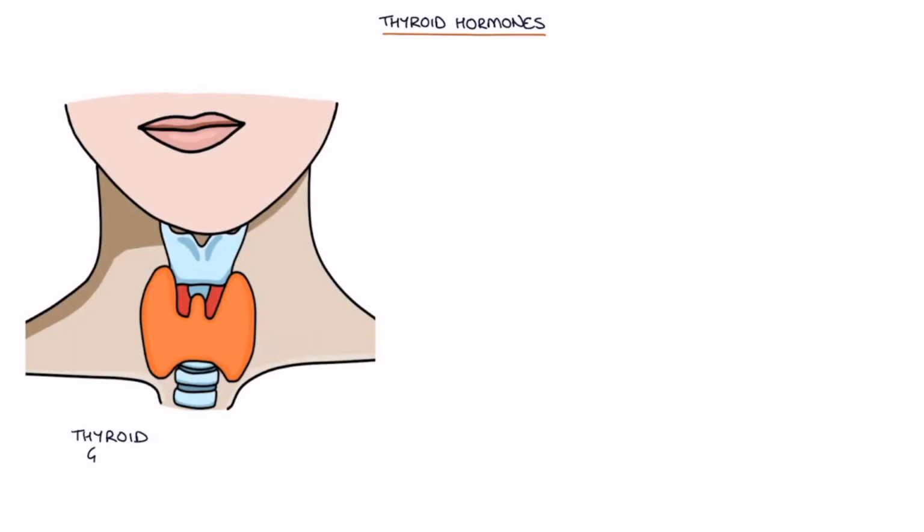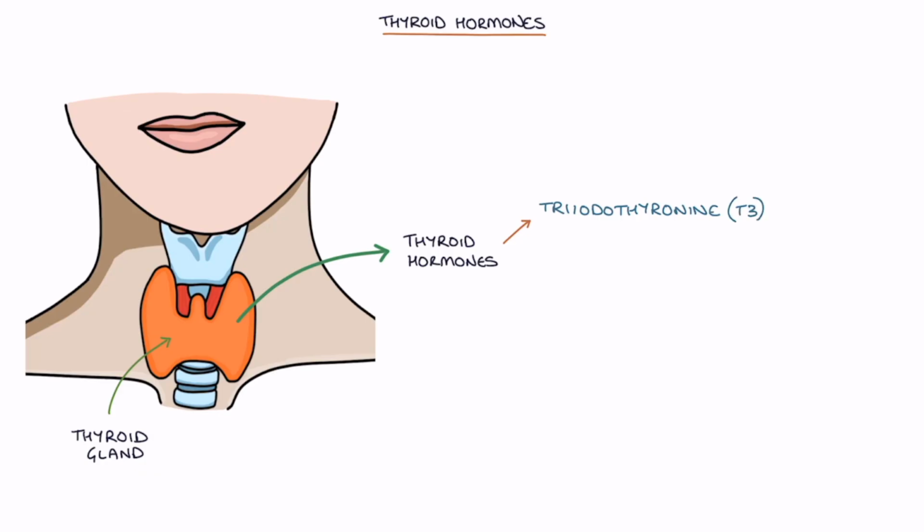So let's jump straight in. The thyroid gland sits at the front of the neck and produces the two thyroid hormones, which are Triiodothyronine, or T3, and Thyroxine, or T4.